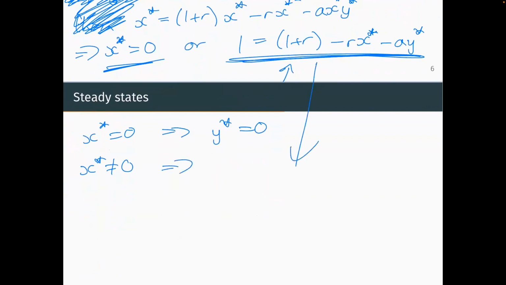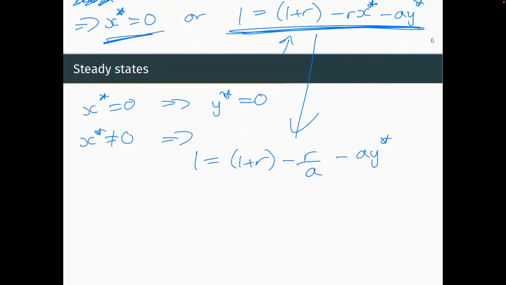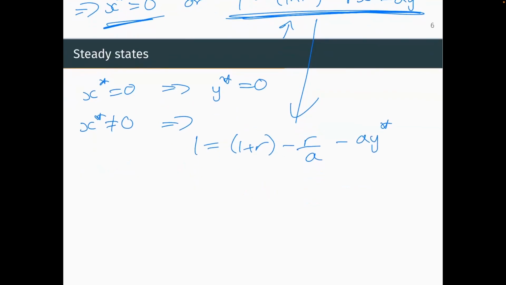Then 1 is equal to 1 plus r minus r over a minus a y star. We can subtract 1 from both sides: r minus r over a minus a y star.